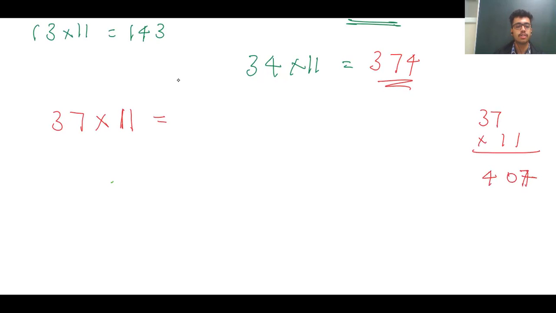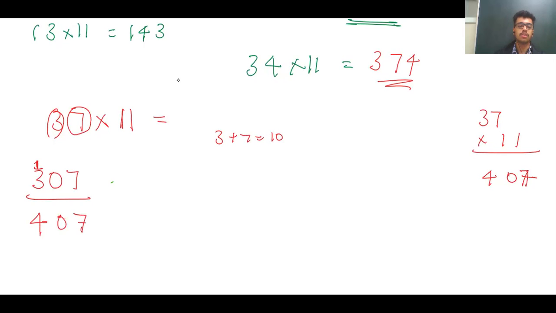Okay, but here how you're going to do is this: write the first digit 3, right? Then add both of these numbers. 3 plus 7 is 10, right? So write 0 here, but carry 1. 1 will be carried over here. Okay. Then write the last digit 7. So now you carried this one, and it became 407. Good. Okay. Now tell me what is 97 into 11.